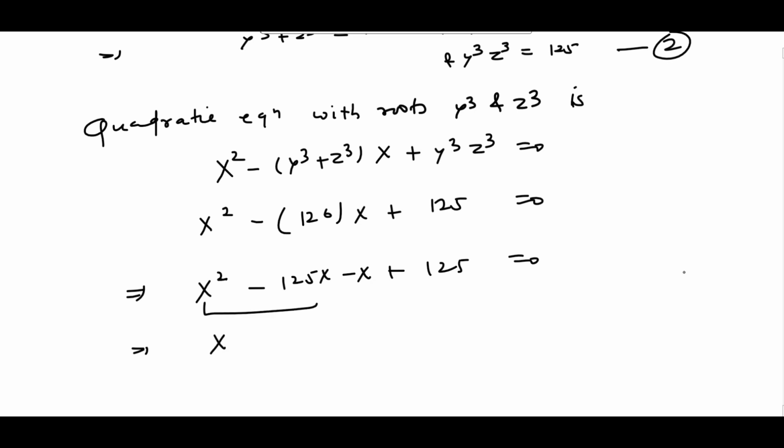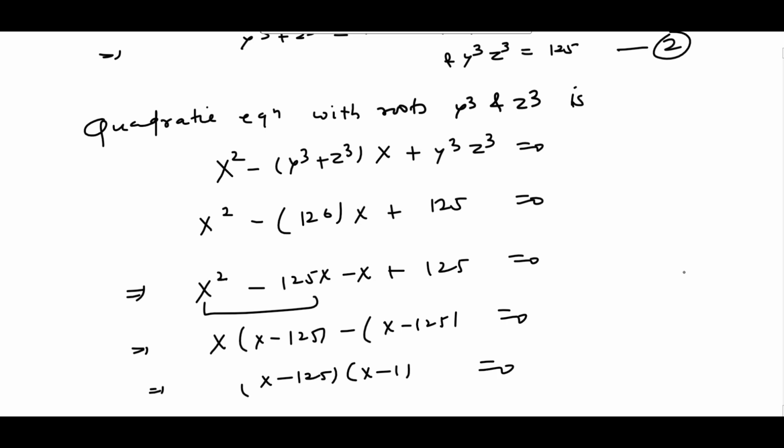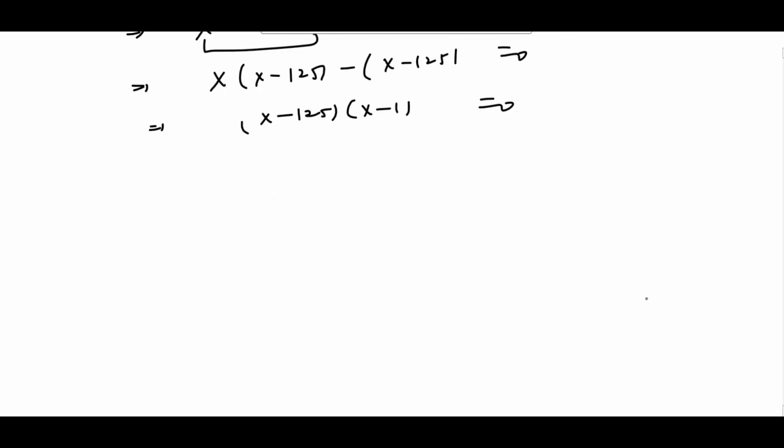Take X as a common from here, we will get X minus 125. Take the negative common here, X minus 1 is equal to 0. So from here (X minus 125) multiplied by (X minus 1) is equal to 0. So we can write the value X equal to 125 and X is equal to 1, and one root, that is y cube, is equal to 125 and z cube is equal to 1.